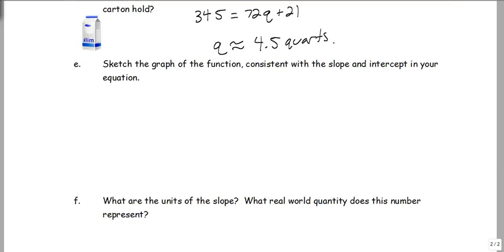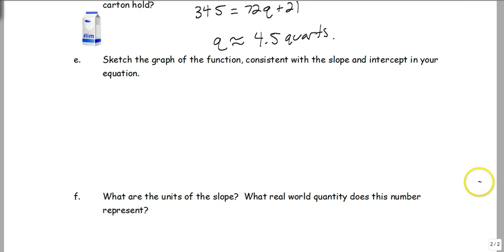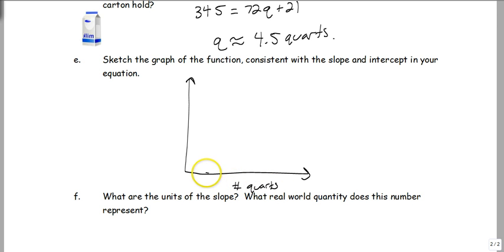Alright, so sketch the graph with the slope and intercept in your equation. Alright, so this is number of quarts. 1, 2, 3, 4. And then this is cost in cents.